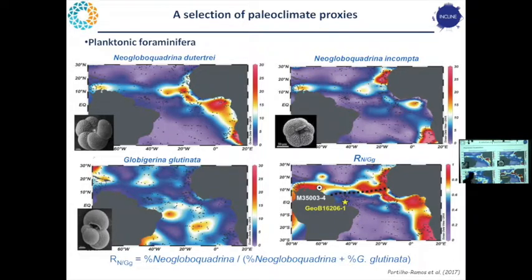So we did a ratio between the percentage of both Neogloboquadrinas divided by the sum of both Neogloboquadrinas and Globigerinita glutinata. And what we have seen is this color scale here, with very high values of the ratio marking the position of the Atlantic Intertropical Convergence Zone, the oceanic counterpart of that.